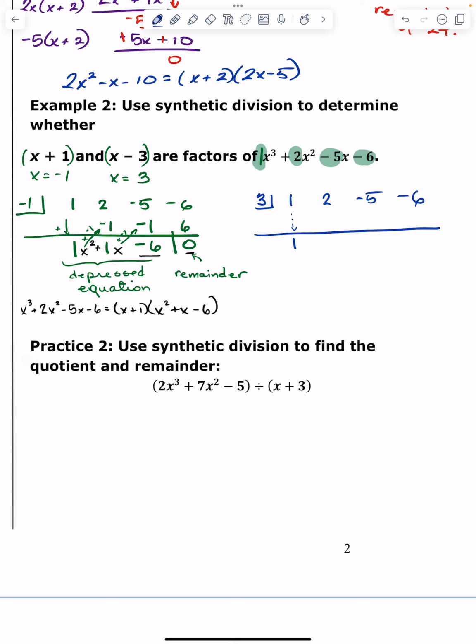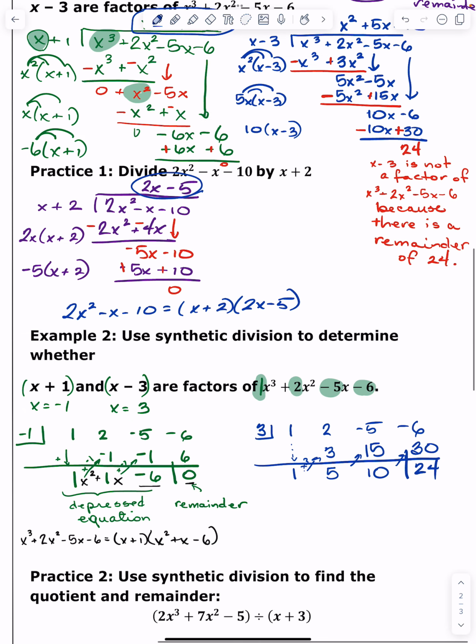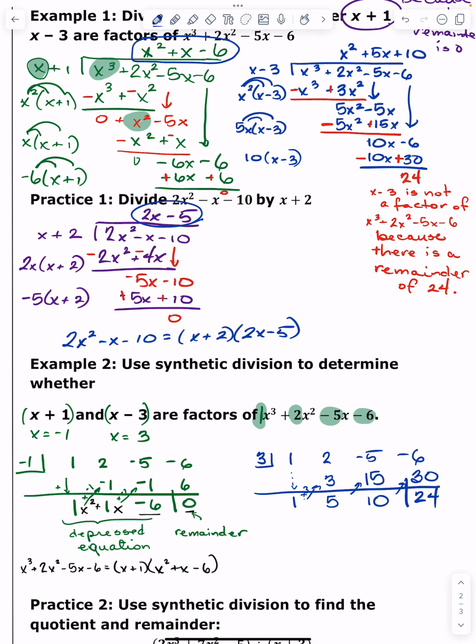I multiply across by the number in the box. 1 times 3 is 3. We add straight down, we get 5. Multiply by 3, I get 15. Add straight down, I get 10. Multiply by 3, I get 30. I end up with a remainder of 24, just like I did up above.